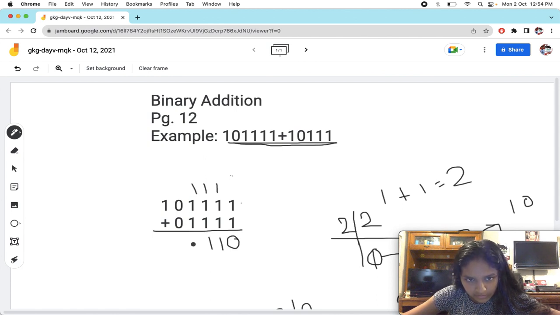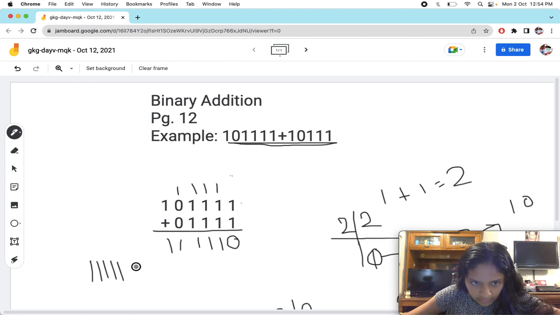Now another 3, so 1 and 1. Now here we are basically doing 1 plus 0. In normal addition, 1 plus 0 we just get 1. So we got 1, and then here 1. So easily we got the answer as 1 1 1 1 1 0.